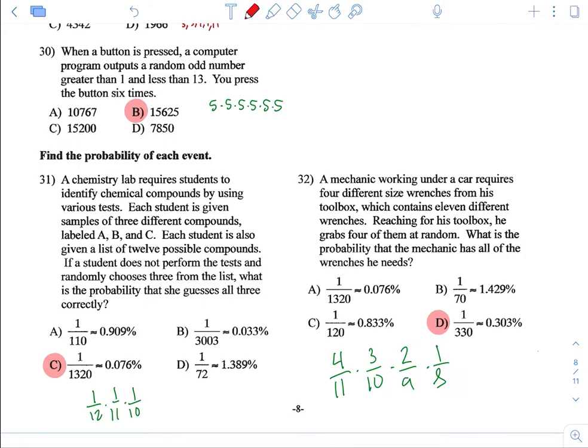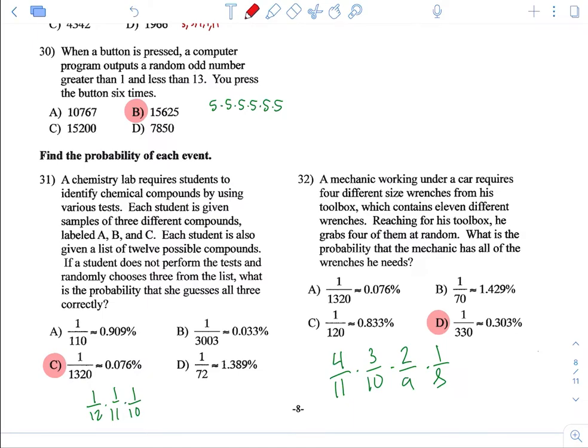Okay, so essentially, when he selects a wrench out of his toolbox, he just needs to select all 4 of the ones that he needs, right? So the first time he picks out, he has 4 out of 11 chances of selecting a wrench that he needs. Then when he goes back in the toolbox, assuming he picked the right one the first time, now there's 3 out of 10, then 2 out of 9, then 1 out of 8.